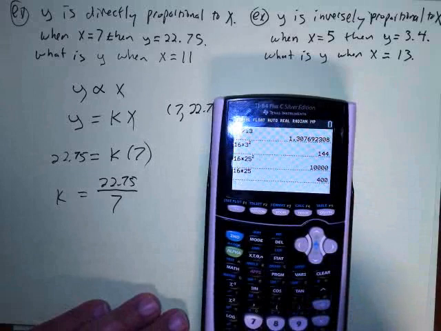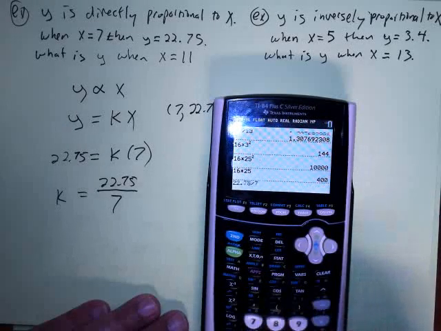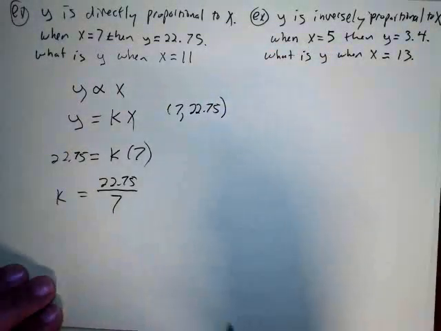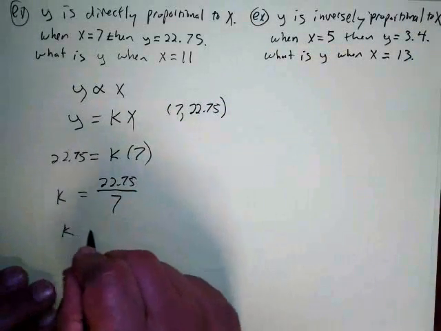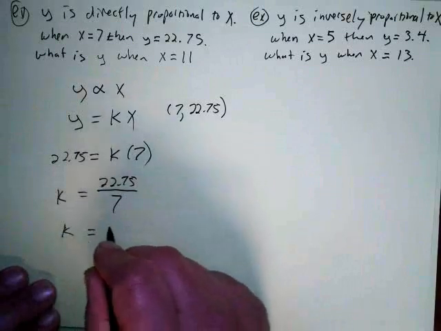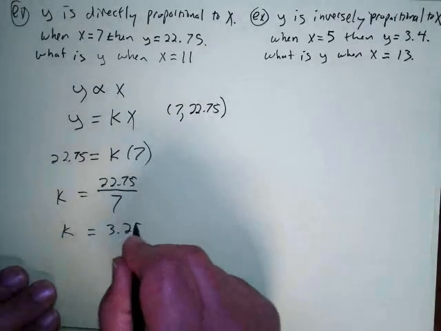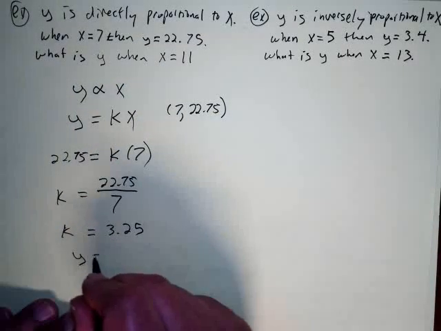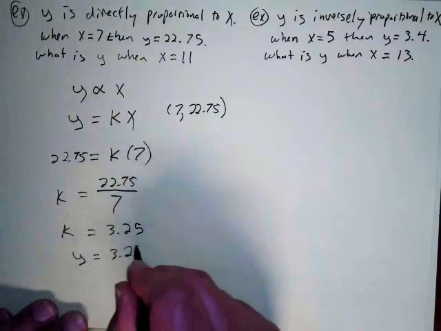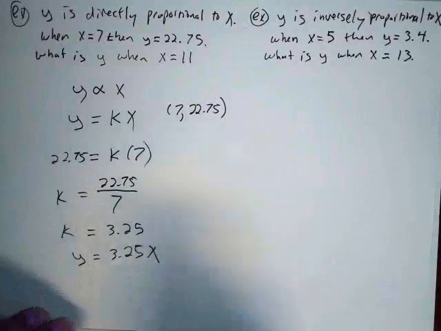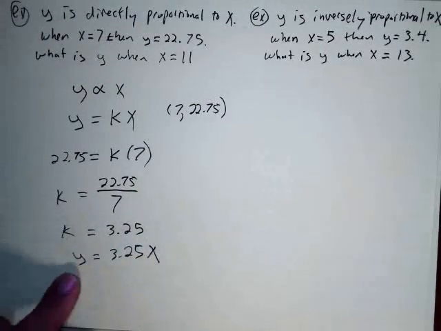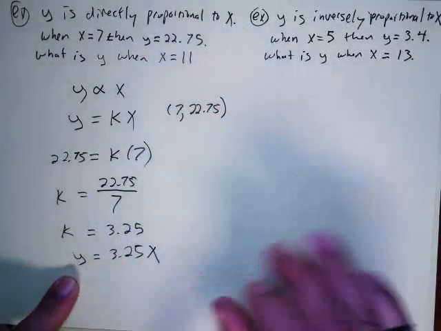I can do this, and I get 3.25. So my k is equal to 3.25, and now I actually have my equation, my function. y is equal to 3.25 times x. Now I can figure out what y is for any value of x.